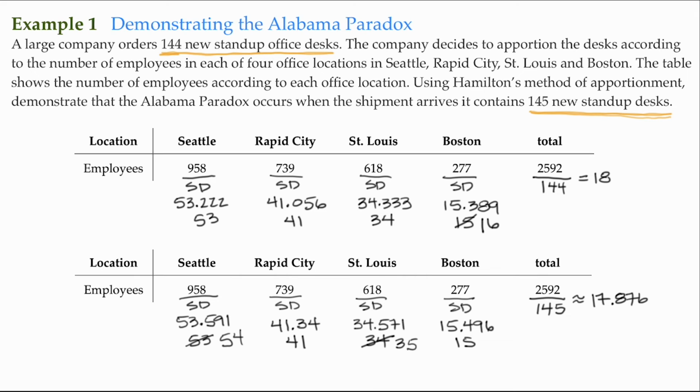So what happens is we can see here that when there were 144 desks apportioned amongst the 4 locations, Boston got 16 and St. Louis got 34. But increasing the number of seats from 144 to 145, suddenly Boston loses a seat to St. Louis. You can see St. Louis now has 35 and Boston has 15. And that's the Alabama paradox.